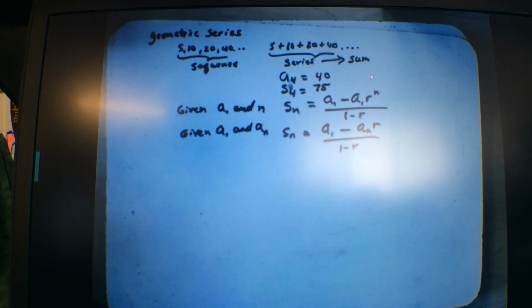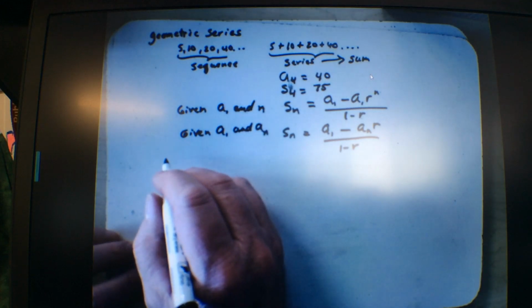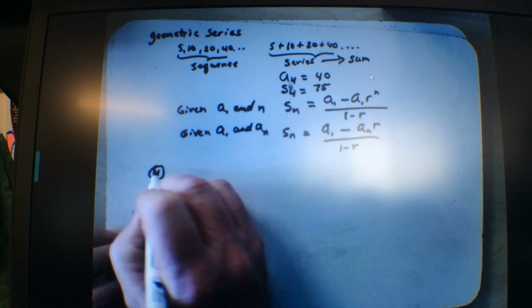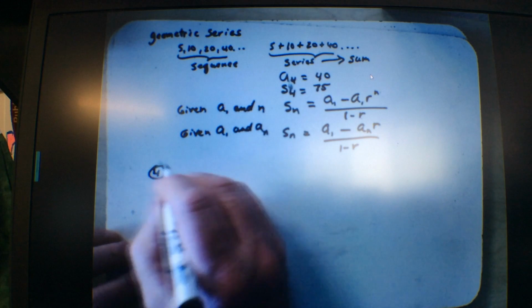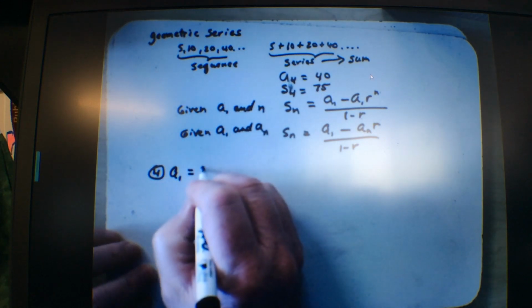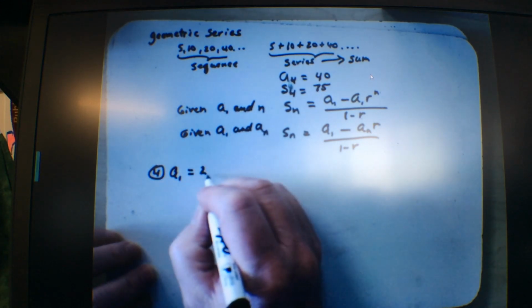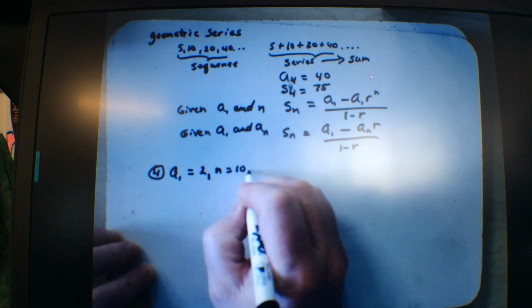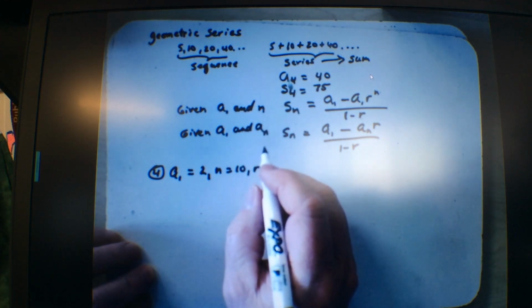Okay, so let me give you an example. Let's say that we had, what number am I on? 4? Let's say that we had this one. We have a sub 1 equals 2. We have n equals 10, and we have r equals 3.